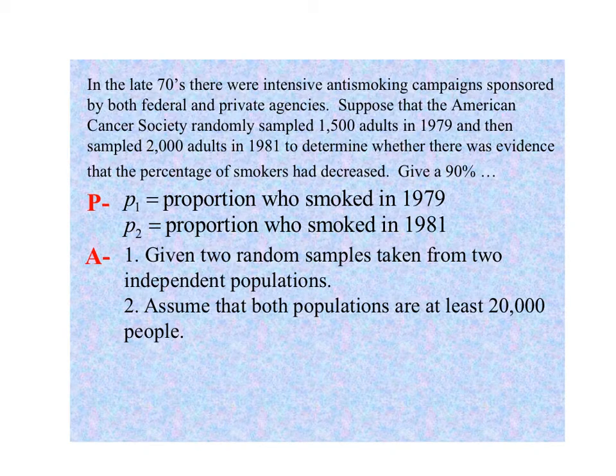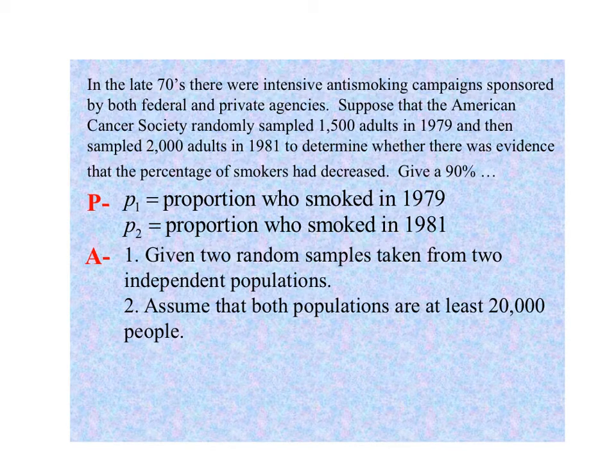Suppose that the American Cancer Society randomly sampled 1,500 adults in 1979 and then sampled 2,000 adults in 1981 to determine whether there was evidence that the percentage of smokers had decreased.